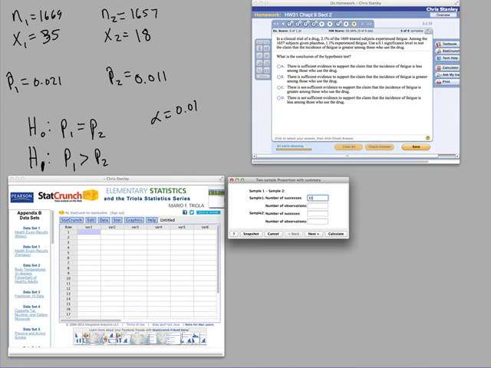So I had 35 successes from the first group out of 1669. And then the second group, we had 18 successes out of 1657. Okay, and I want this to be greater than now.